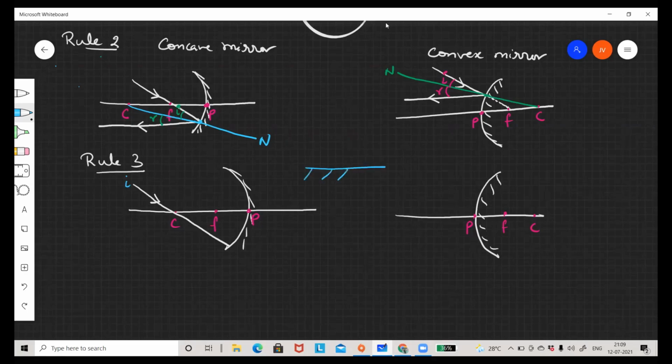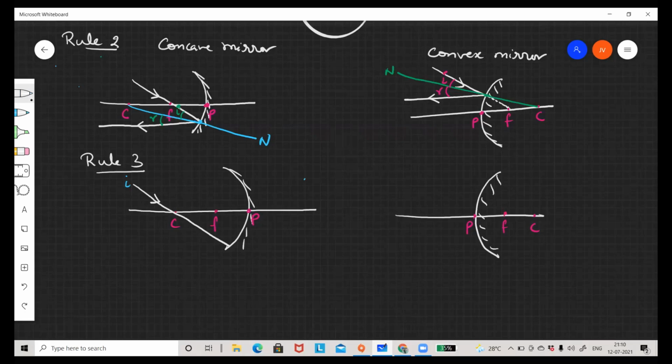Means if I have a plane mirror and this is the normal, and this is that incident ray, and this is that reflected ray, this angle is called the angle of incidence. Okay, and if this angle of incidence is 0, its meaning is the incident ray is incident.